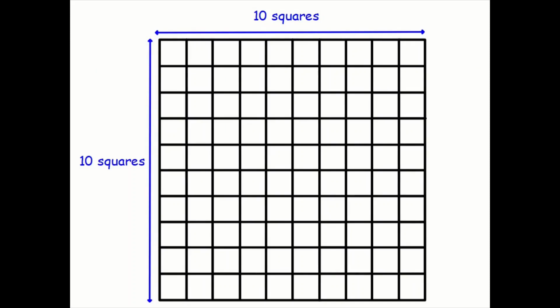I would like you to draw some pictures in those squares, but they've got to be pretty mathematical pictures. And what I mean by that is as follows. I'm going to do my best bit of art that I can do in maths, and I'll show you what I mean. So in this 10 by 10 square, I'm going to do a nice picture.